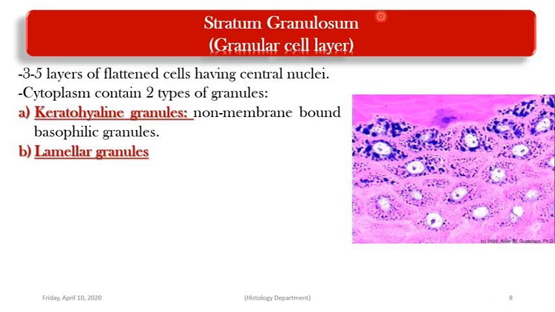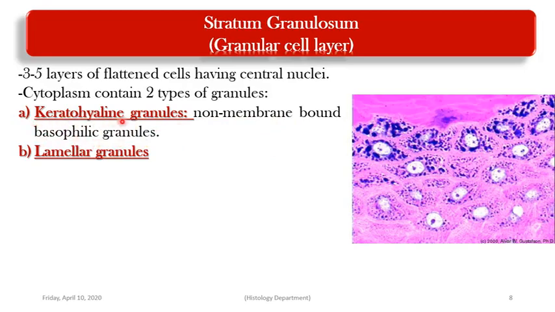Layer number 3, or the third layer, is stratum granulosum, or granular cell layer. This layer is formed of 3 to 5 layers of flattened cells. In this layer, the cells start to be flattened and contain two types of granules. Either keratohyaline granules, not surrounded by a membrane, non-membrane-bound basophilic granules.